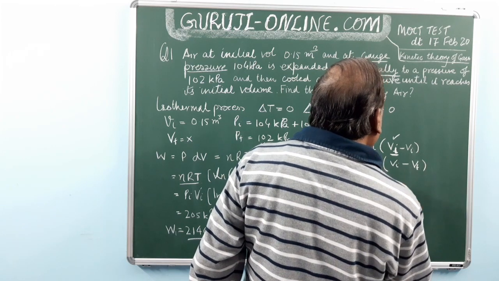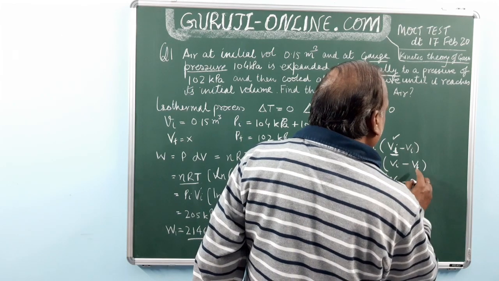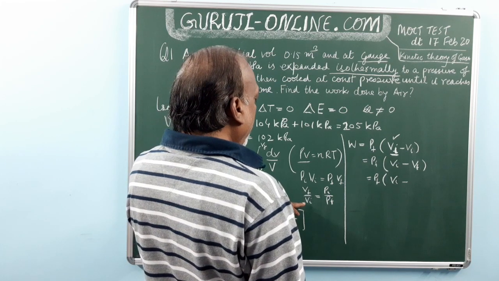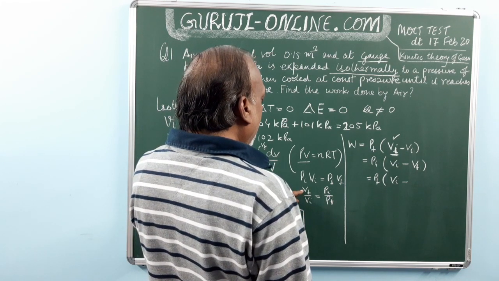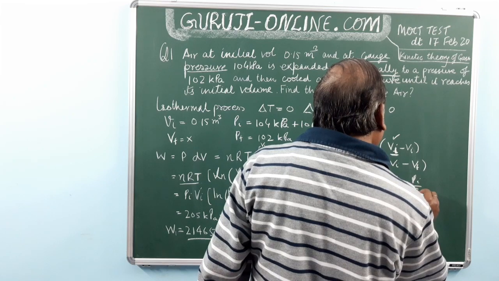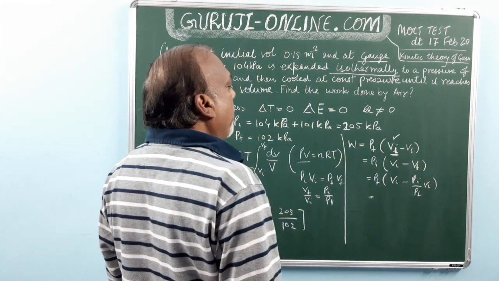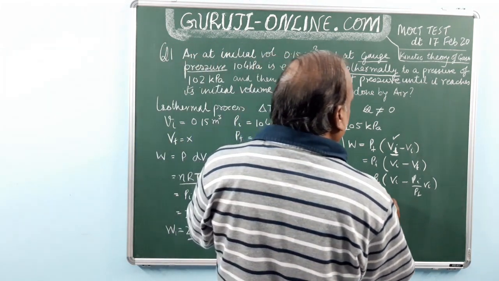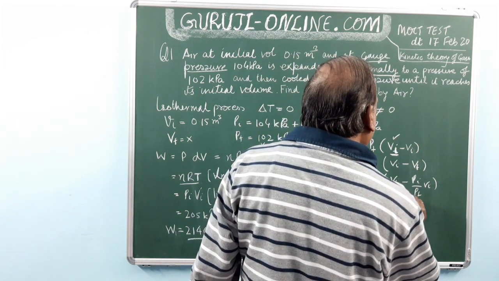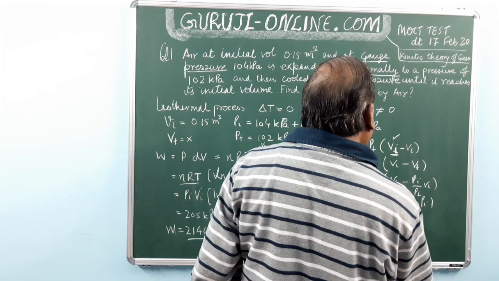This will become VF, or we can write it as PF VI minus, then again with this process we can write VF as nothing but PI minus PF into VI. Correct? So this becomes VI into PF minus PI.